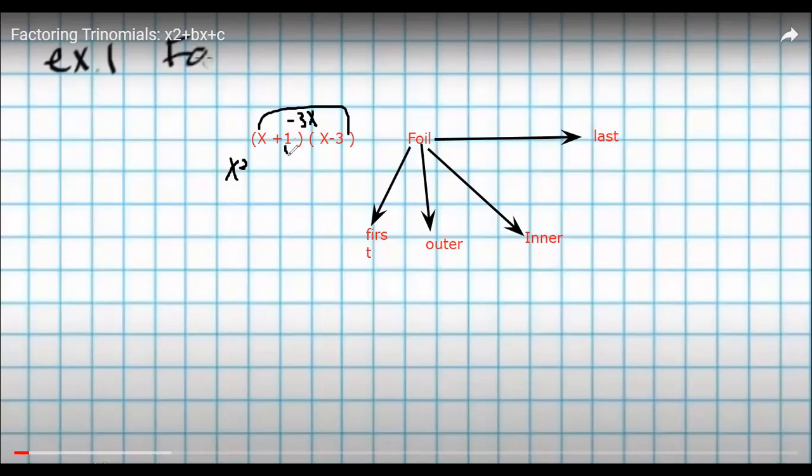And then we have x times 1, it will be equal x. We add the like terms together, negative 3x plus x, it will be negative 2x. And we have 1 times negative 3, it will be equal negative 3.